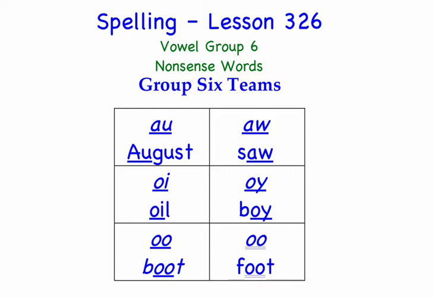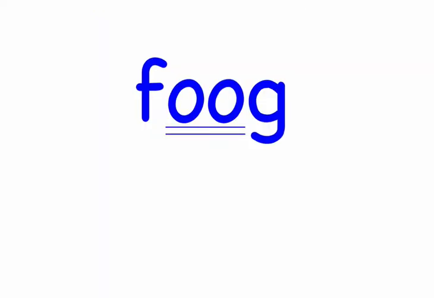Now I'm going to present rows of words to you. These are going to be nonsense words, and I want you to look at each word, mark it, and then pronounce the word. And then, of course, you can check your marking system against the marking that appears in this video. So let's start with the first word.